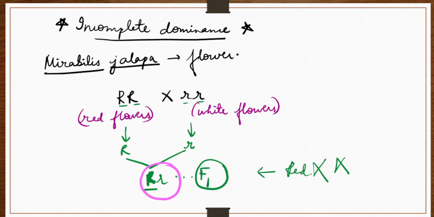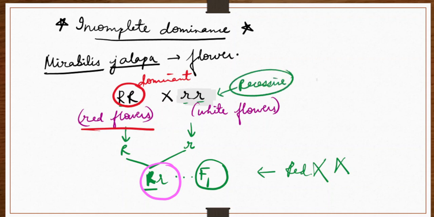So these were red flowers, and these red flowers are dominant. And these white flowers, which I'm highlighting with gray, are actually recessive. But in F1, the dominant red capital R didn't appear. There was an appearance of pink color.